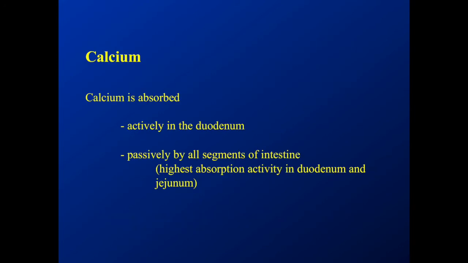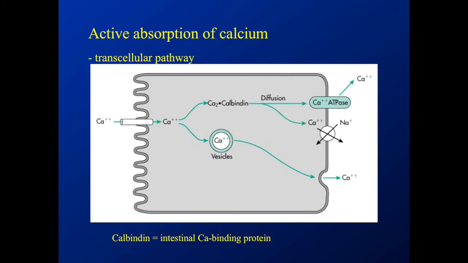So calcium is absorbed actively in the duodenum, but it's also passively absorbed by all segments of the intestine, the highest absorption being in the duodenum and the jejunum. And this shows how it's absorbed.